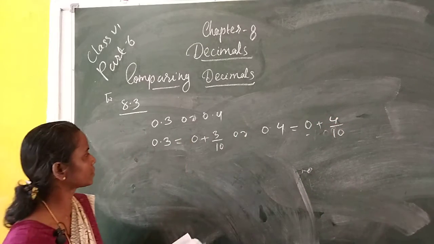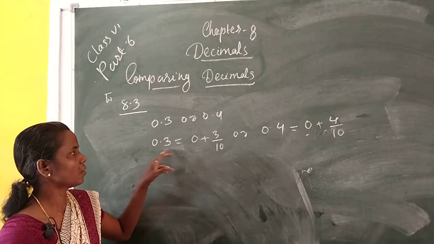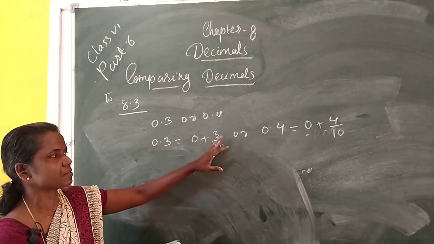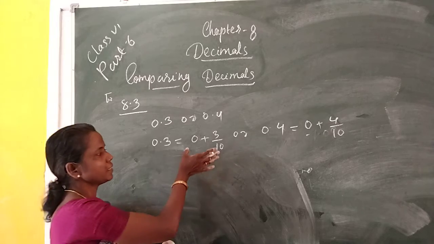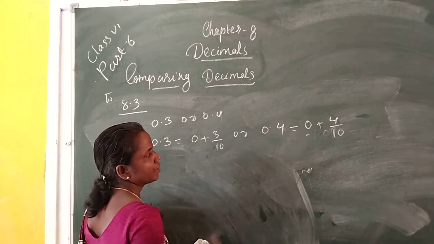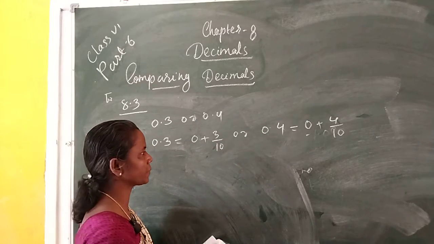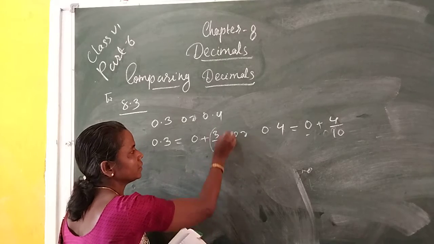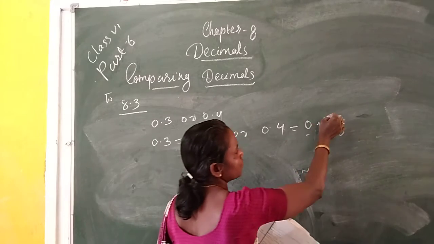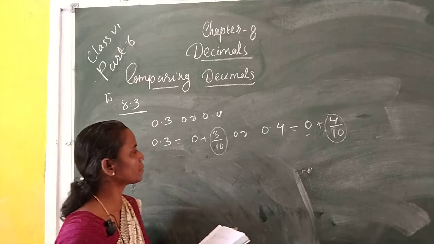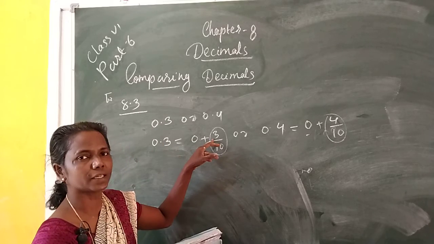Then look, in whole number place both numbers have same number, 0 and 0. Then next we look which place? 10th place. Here 3 and this 4. Compare the 10th place.